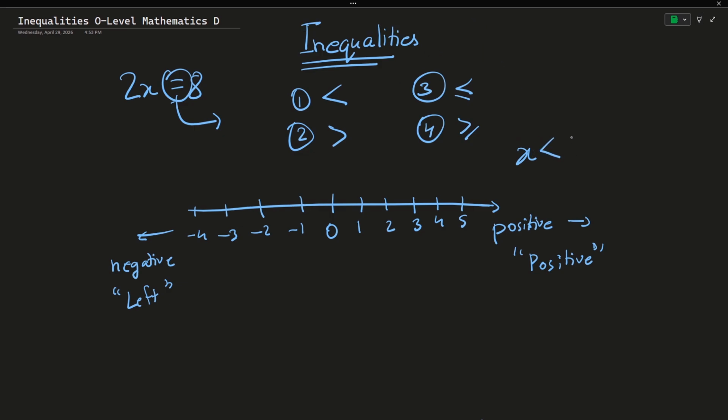So if x is less than, let's say again, 2, then if you wanted to represent it on a number line, you will again, just like before, circle the point on the number line, and then all the possible solutions of x will be any number that is on the left of our point in the number line, and less than 2 means any number that is less than 2. Okay, so that is how you represent it on the number line.